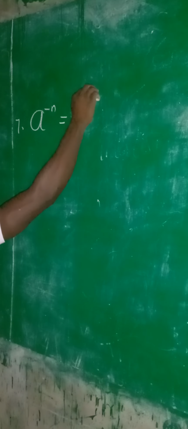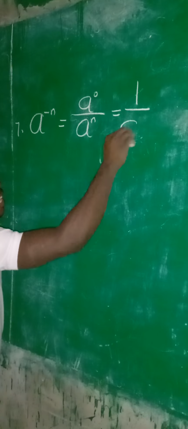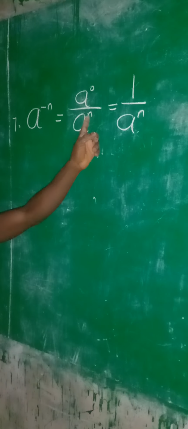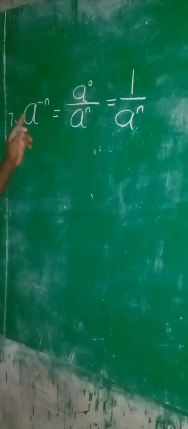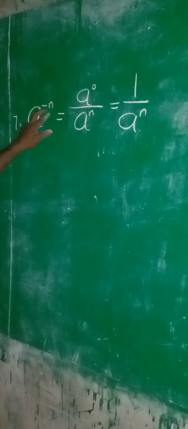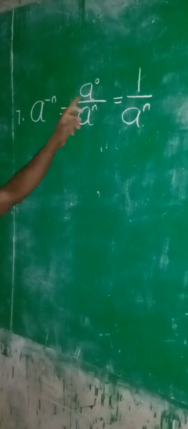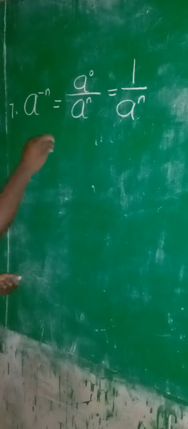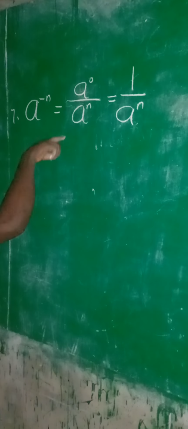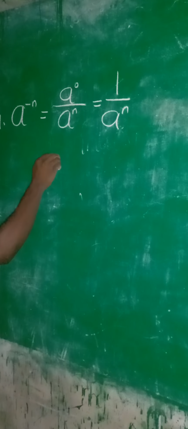If it is going to be like this, then we can say a exponent 0 over a exponent n, because any number raised to the power 0 is 1.